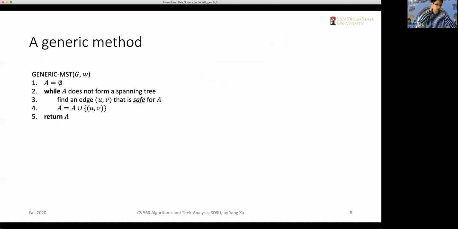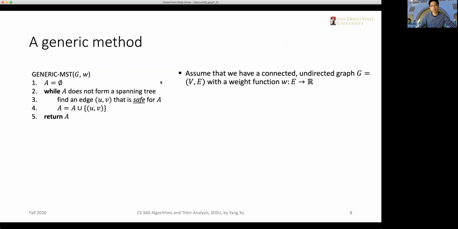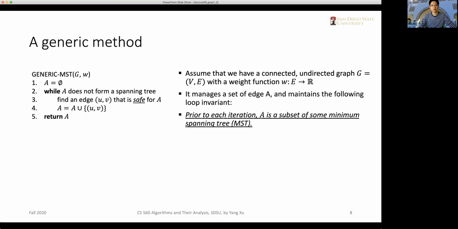The generic method is actually quite simple. It's just a pseudocode description of the algorithm. It takes two parameters, two arguments: the graph itself and the weight function. This is all the information we have.